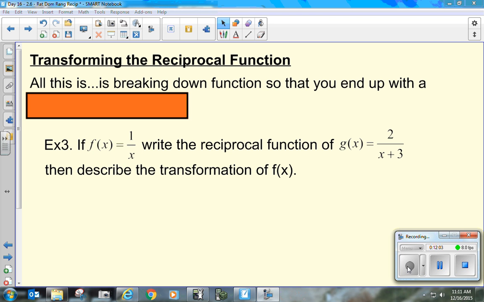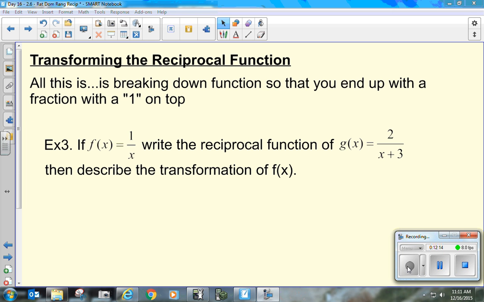So if we want to make a function into a reciprocal function, all this is breaking down the function so that you end up with a 1 on top. All right? So let's get into it.